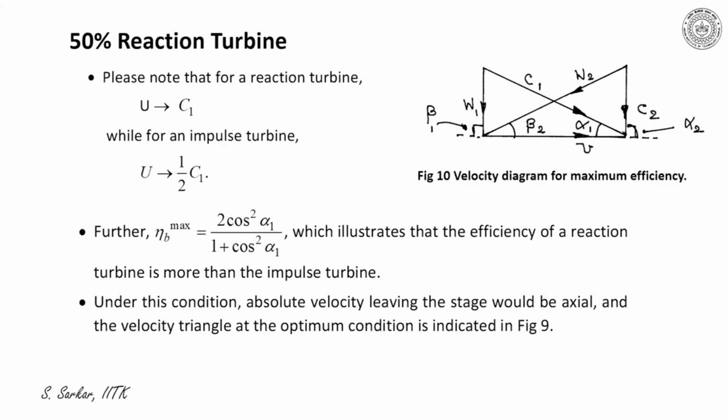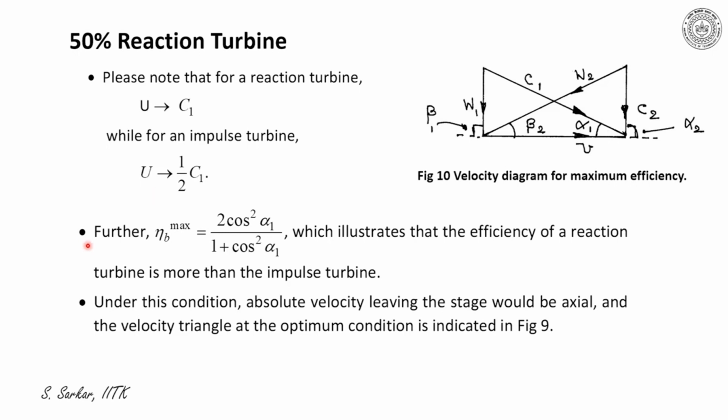I have already indicated that alpha 1 is recommended in between 15 to 25 degrees. Thus, for a 50% reaction turbine, the blade speed U would be close to C1, while for an impulse turbine, blade speed would be close to half of C1.